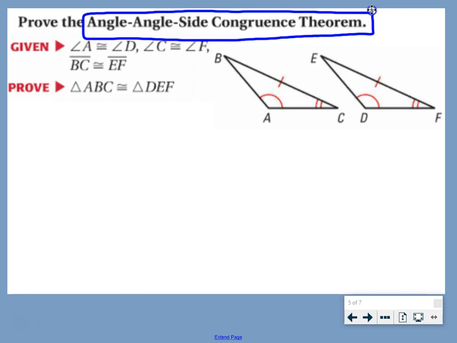We cannot just list all the congruent pieces and say that the triangles are congruent. We have to use other pieces to show why this theorem actually works. Why, if you are given two angles and a non-included side, does that prove that the triangles are congruent?